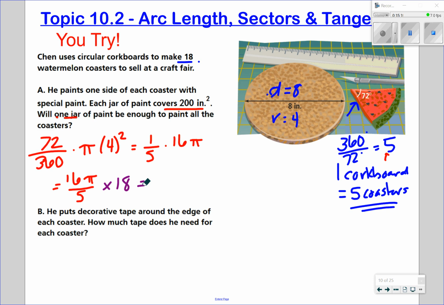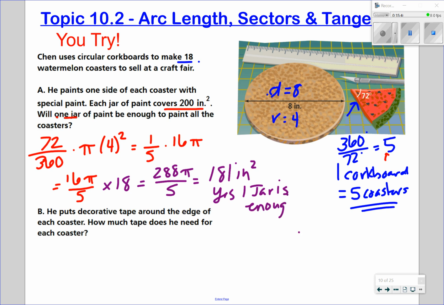So 18 times 16 gives you 288 pi over 5. Now I can put this into my calculator. You get approximately 181 square inches. So that would be the area of all of the coasters. So we would say yes, one jar, which is 200 square inches, is enough for Chen.